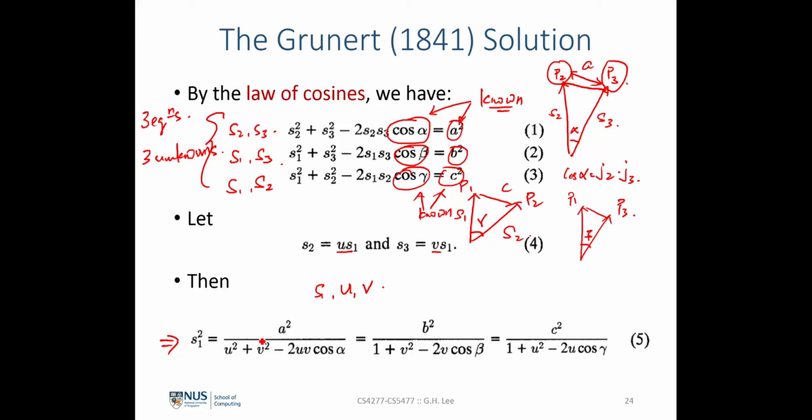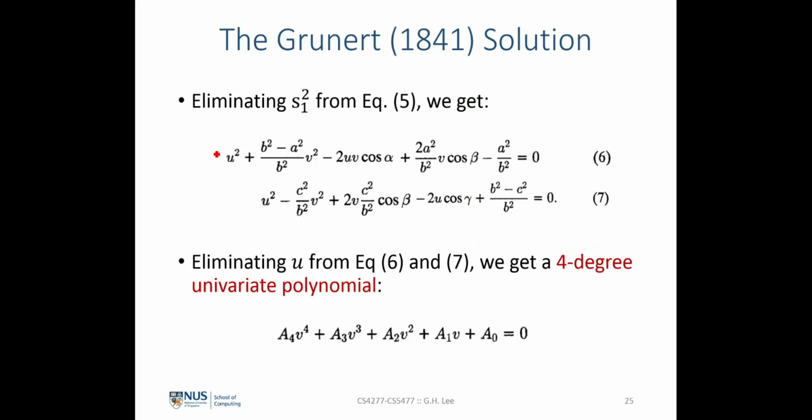For each one of these equations, we can further reorganize it such that we make S1 the subject. And consequently, we can make use of these equations to eliminate S1, by simply equating the first two equations and then the next two equations to form two equations in terms of the two unknowns u and v. Since we now have two equations and two unknowns, the problem becomes much easier to solve, where we can simply eliminate u.